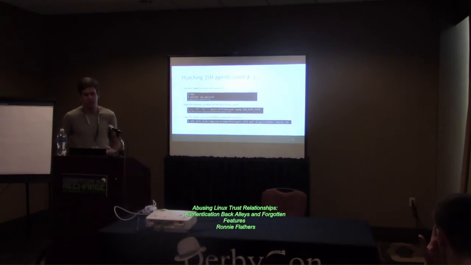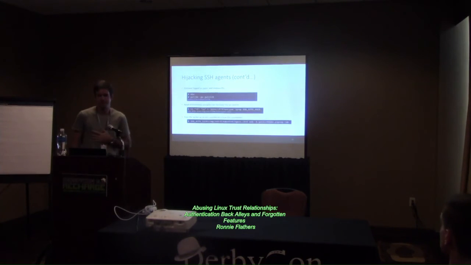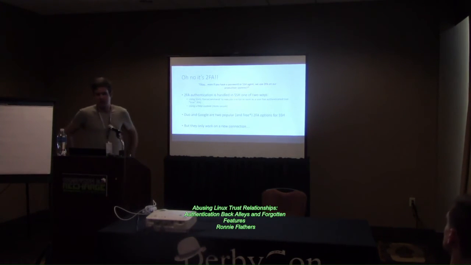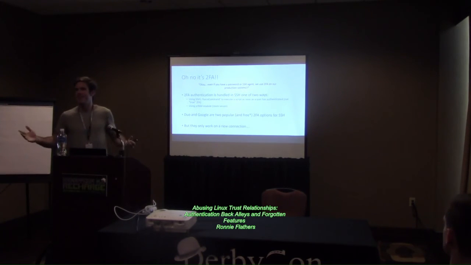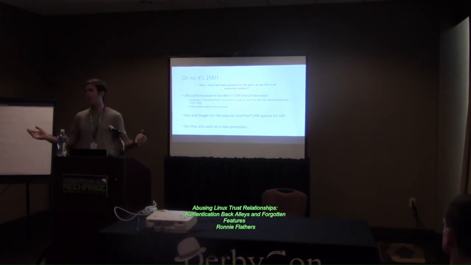The beauty and the danger here is that if we can hijack this socket, we can use it to kind of outsource our authentication to a legitimate person and a legitimate SSH agent. So what I mean is if we wanted to try to authenticate as Patrick and we hijack the real Patrick's SSH auth socket, when we get a challenge from the server we want to authenticate to, we kind of just immediately pass it off to the real Patrick.